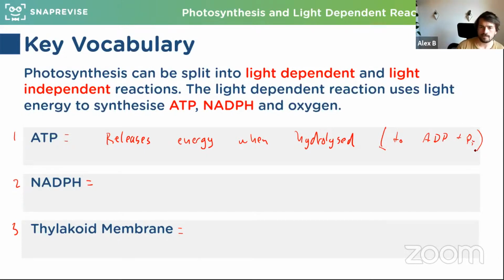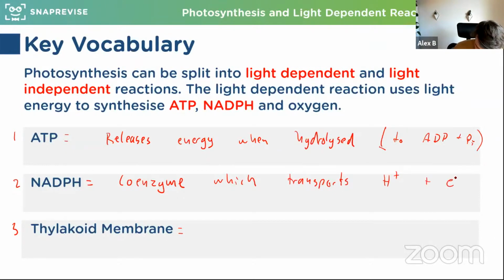NADPH then. It's a coenzyme, which transports hydrogen plus electrons around the chloroplast.